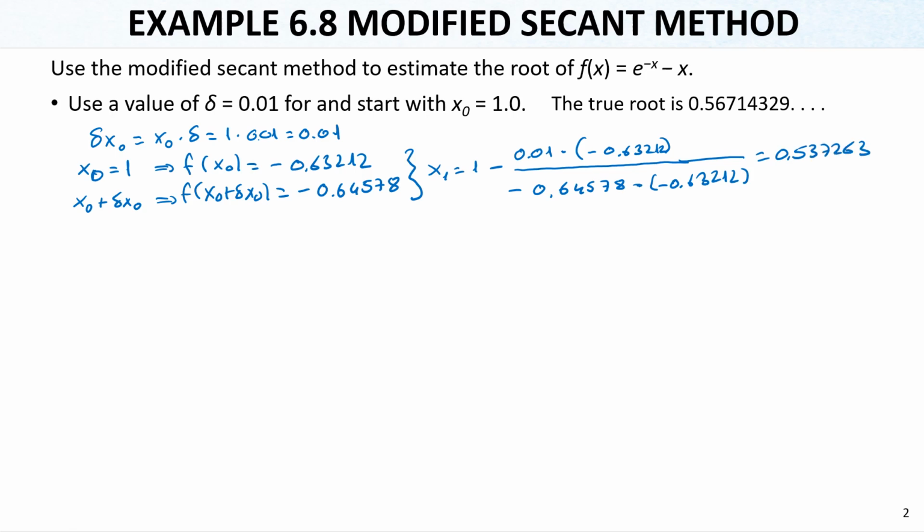And from here, the approximation error, the true error, is simply 5.3%. So you can see we are approaching the root with this modified secant.